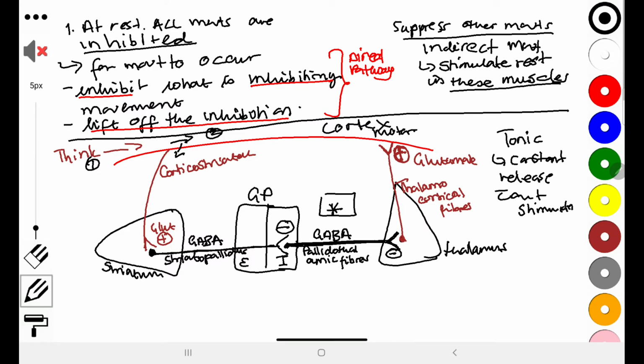Therefore, whatever you are thinking should happen will now happen, because the thalamocorticals will stimulate the exact areas of the motor cortex where descending fibers should emanate from and go to the particular muscles that you need to have movement in.